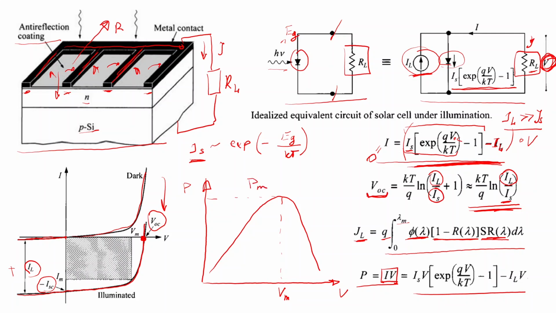And this maximum power will be equal to I maximum times V maximum. So don't mix it up with VOC and short circuit current, because these are not the maximum current and maximum voltage in the external circuit. Because if you want to calculate what power we will get from a solar cell at such short circuit condition.